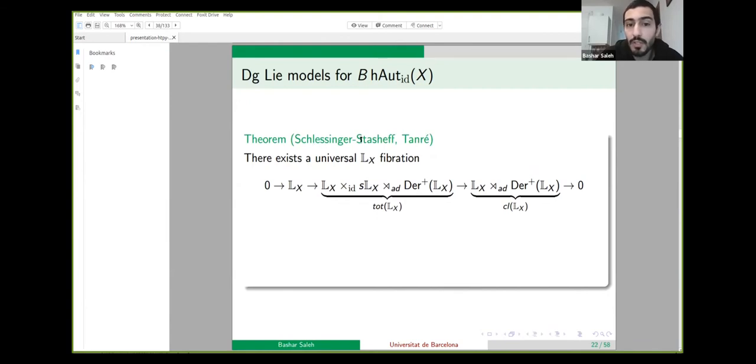By a theorem by Schlessinger, Stasheff, and Tanré, there exists a universal L_X fibration. So you have fiber L_X, and then you have a total DG Lie algebra. I will not go into details. And then we have a classifying Lie algebra.